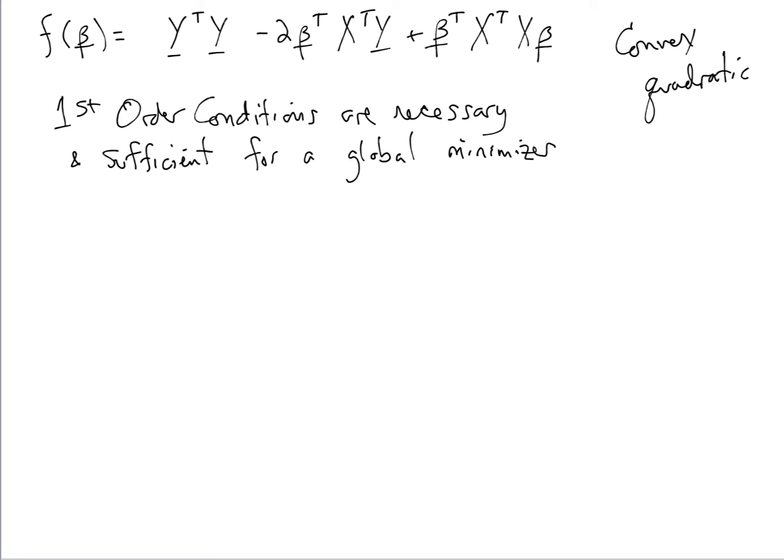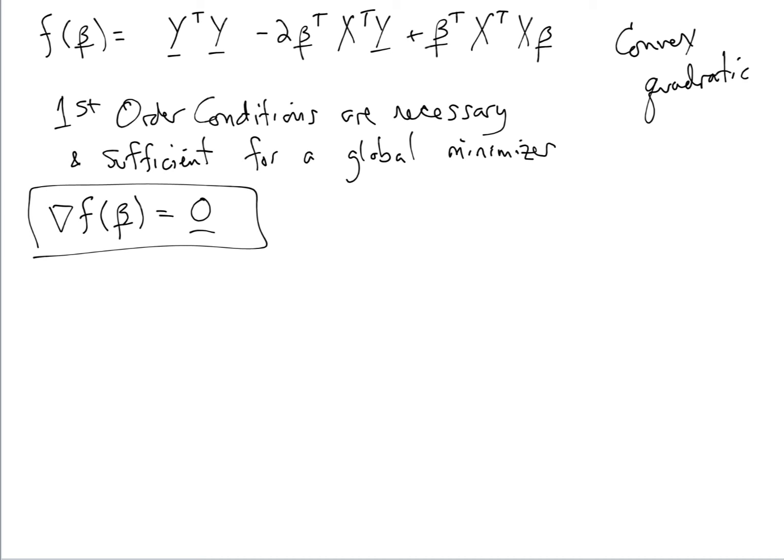So if we set up our first order conditions with specifically the gradient of f of beta being equal to the 0 vector, we can recall from our knowledge of vector calculus how to compute the gradient with respect to beta. First of all, no beta appears in the Y transpose Y term, so that will not contribute anything to the gradient.